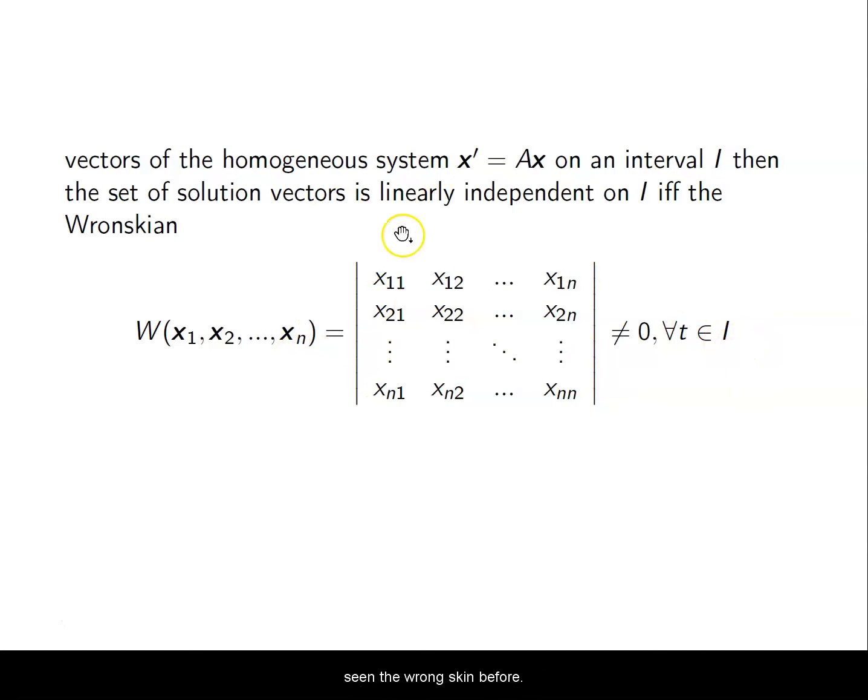Okay, you guys have seen the Wronskian before. It's the same exact thing. If these vectors happen to not be functions, but they're just values, you need to take the determinant, and as long as the determinant is not 0, you're fine, and they'll be linearly independent.